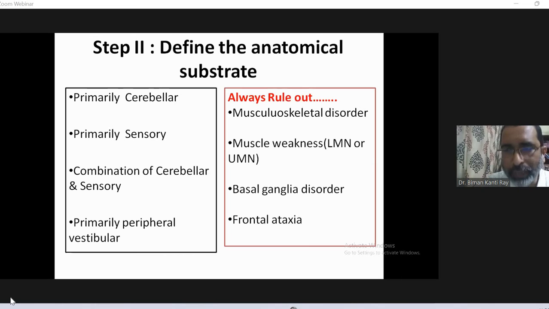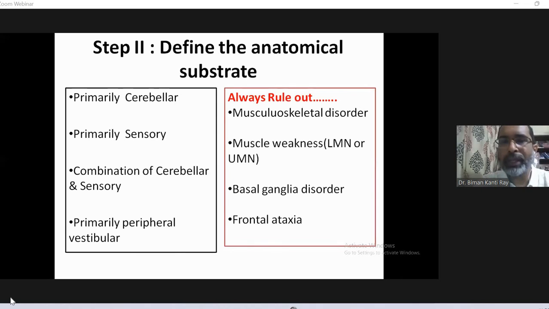The central vestibular pathway, which starts from the vestibular nucleus and ascends upwards, is a part of the cerebellar connection. So if we say this patient has vestibular ataxia, it is implied that this ataxia is peripheral vestibular pathology, not central vestibular pathology. Central vestibular pathology is almost synonymous with pathology in the cerebellar connection.